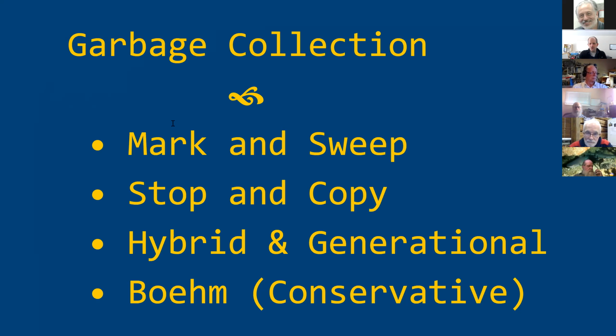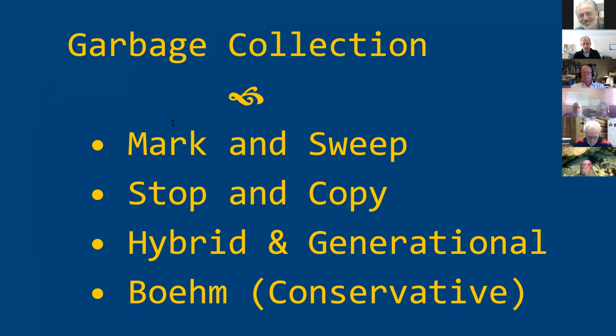An interesting variation, which I touched on long ago, is a type of collector called a Boehm collector, after Hans Boehm, who I've met actually. It's basically what's called a conservative collector, where imagine that you have objects where you haven't been particularly careful about distinguishing which items are part of your heap and which are other types of data structures.